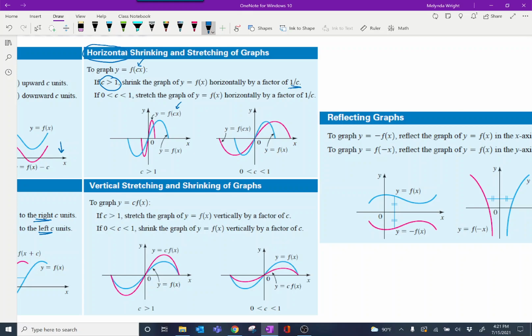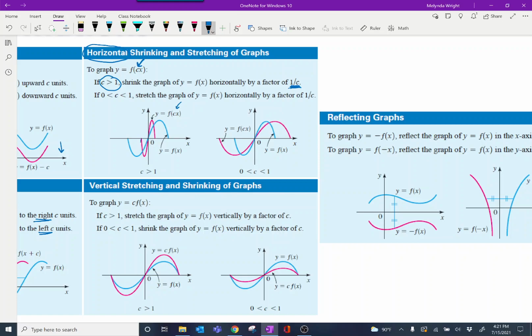Of course, always opposite. The transformations that involve x are always opposite of what they seem, because it looks like c, let's say 2, is multiplying the x, when in fact the result is like dividing by 2, or dividing by c.